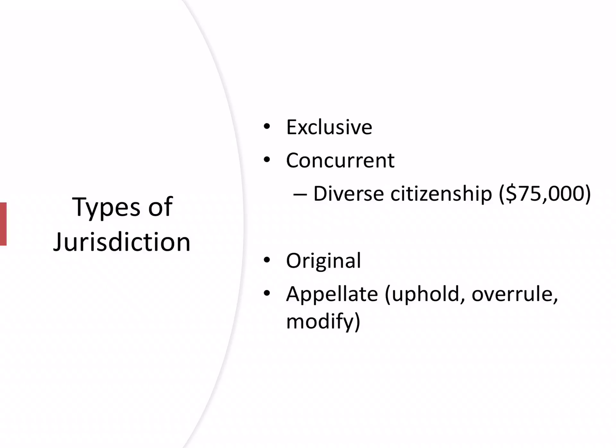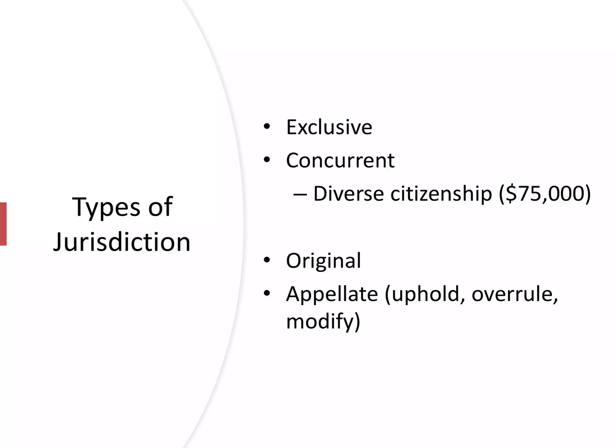And then the court can modify a verdict, trying to correct whatever was determined to be wrong, or the court can remand it back to the lower court for further proceedings to fix whatever might have been determined to be wrong.